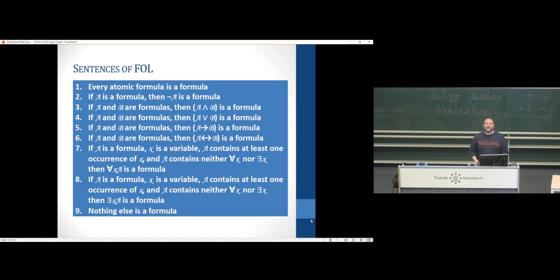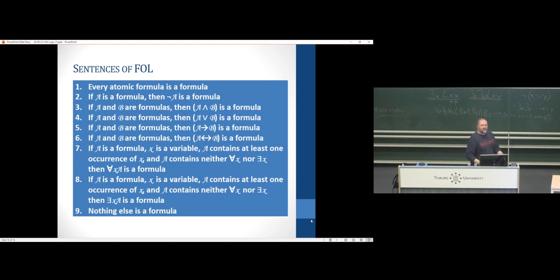If you have a formula, you can add a negation in front. If you have A and B as formulas, then you can stick a conjunction with brackets. This looks a little familiar, doesn't it? Basically, everything for the first 7 is the same, just like for TFL, because it's telling us how to use the connectives, and we know how to do those. The same rules apply. The only difference is 7 and 8.